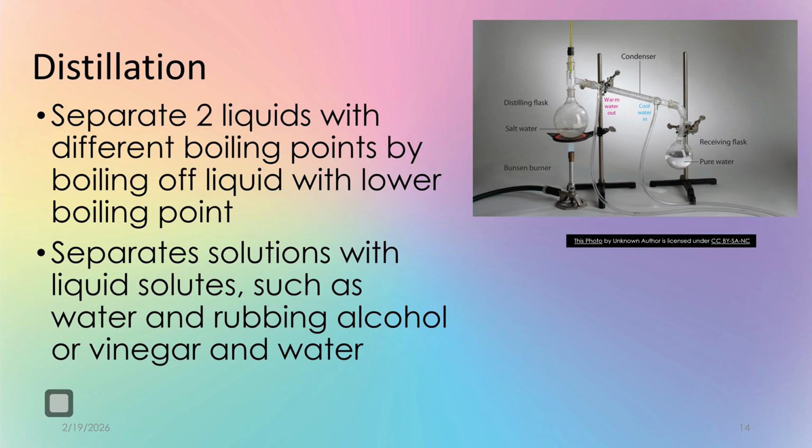Distillation. This is used also to separate a solution, and you're using the fact that the two liquids have different boiling points. And so you heat up the solution, and what you'll run into is the liquid with the lower boiling point will actually, you'll see the whole thing start bubbling, but it's interesting because it's only that substance that has the lower boiling point that's bubbling, and it will rise on up.